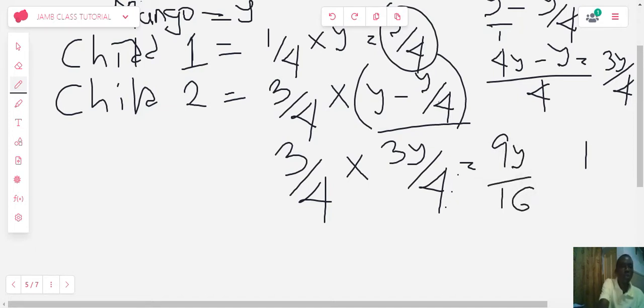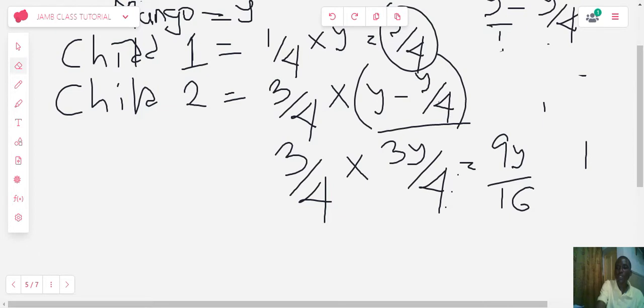Now, we are going to do away with all this because we don't need them. We've gotten the value we need from this.